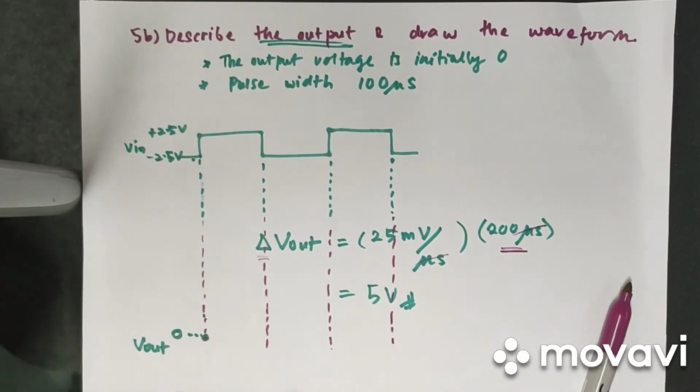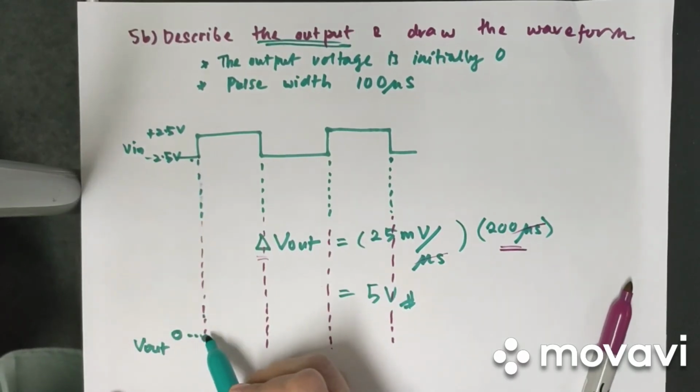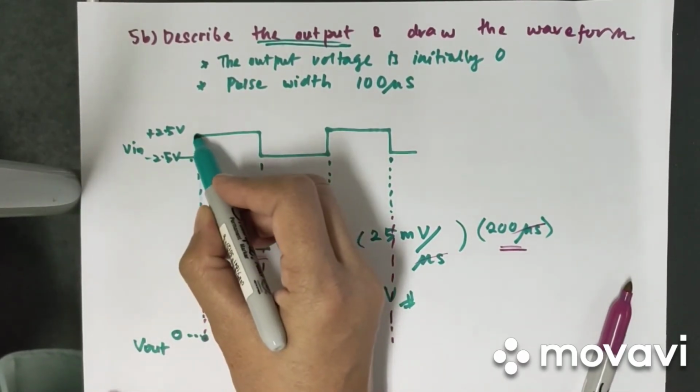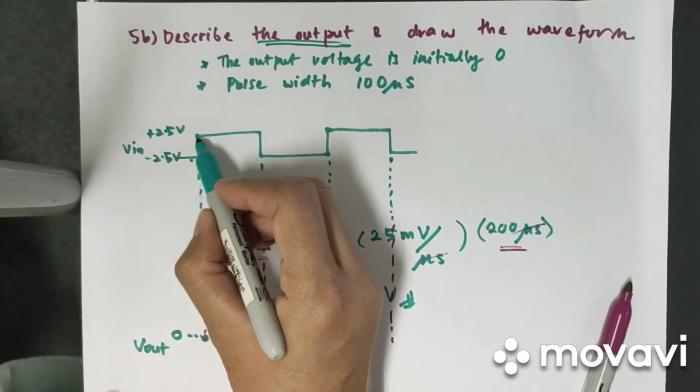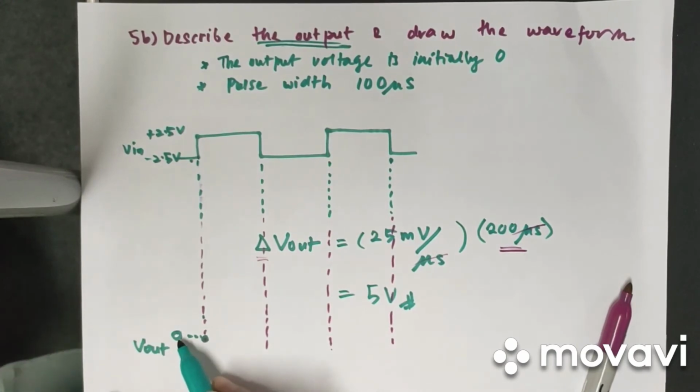During the time the input is at positive 2.5 volt, the output will go from 0 volt to negative 5 volt.